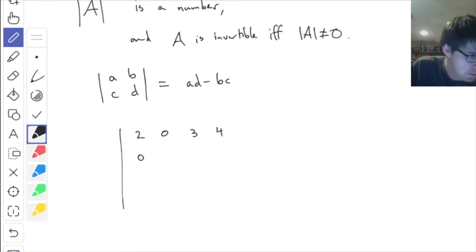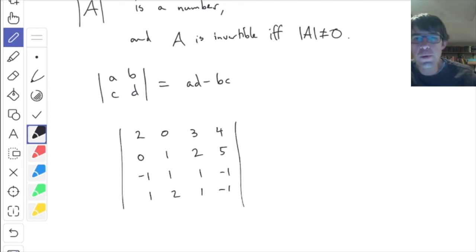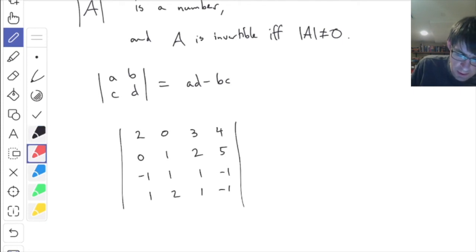Here's an example. 1, 2, 1, minus 1. All right, this is a 4 by 4 determinant. How do we do this? We choose a row or a column to go across or down, and you multiply what we call the cofactor. So I'm going to do this by going across the top row here.